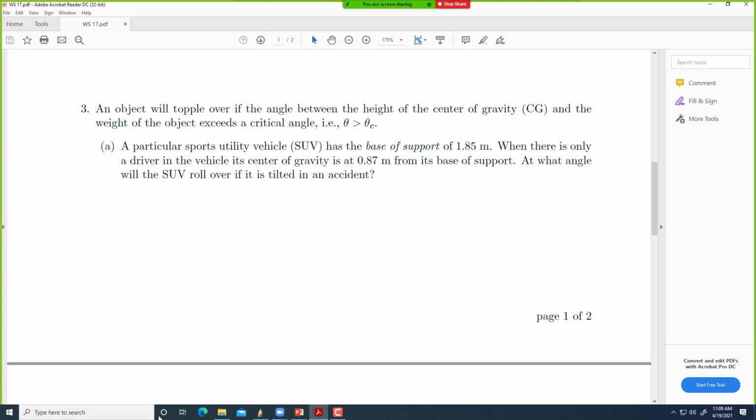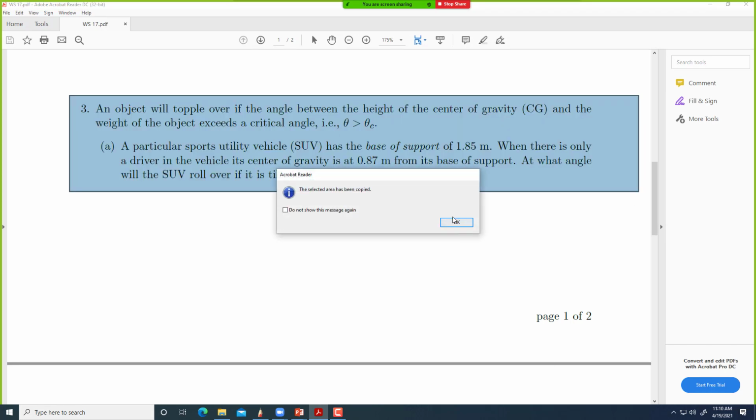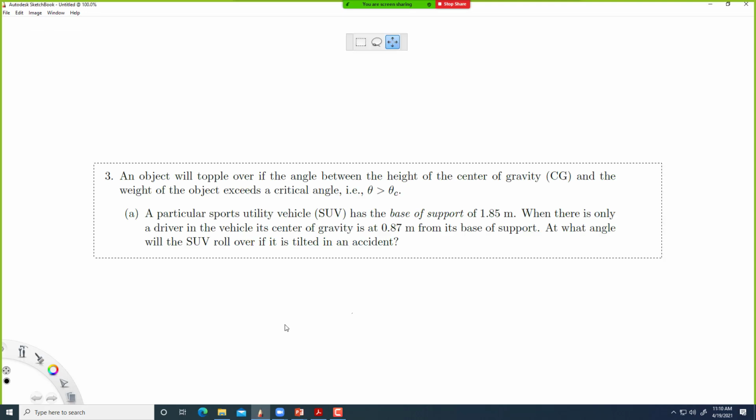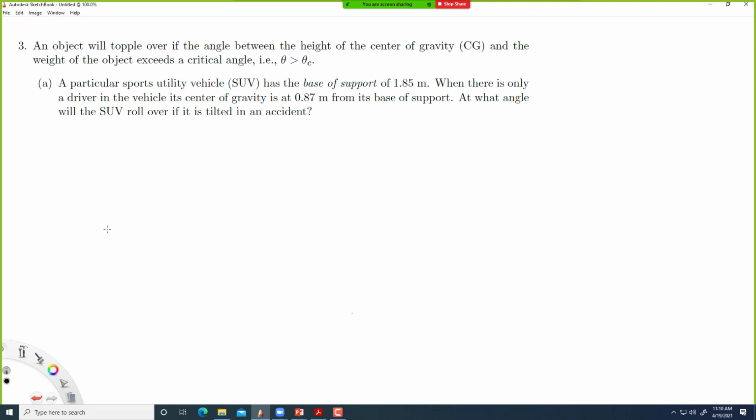I cannot write here. See if I can copy that. So T is 1.85 when there is only a driver in the vehicle, its center of gravity is 0.87 meters from the base of support.